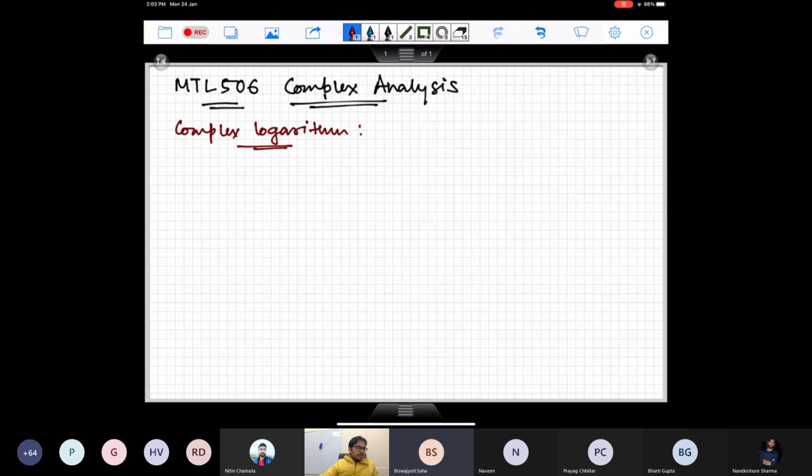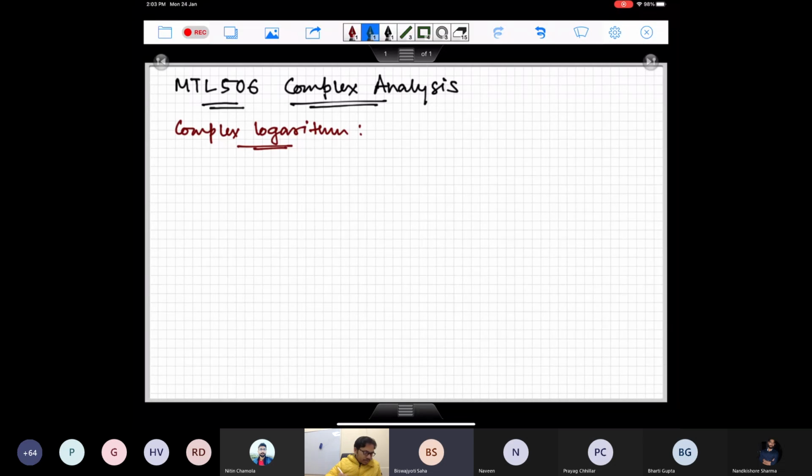Our basic idea of defining the complex logarithm would be similar. We would like to start with the exponential function and define a function which is a kind of inverse. What do I mean by that?